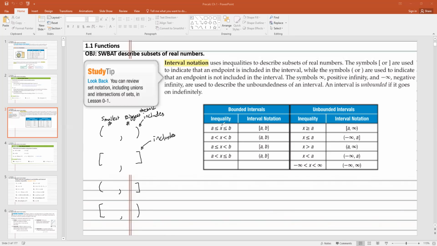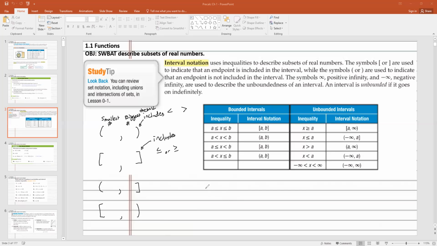X is greater than or equal to A and less than or equal to B. Because of that or equal to, we have brackets. And if you have less than or greater than, you would have parentheses, just like over there. And you can also have a combination of both.